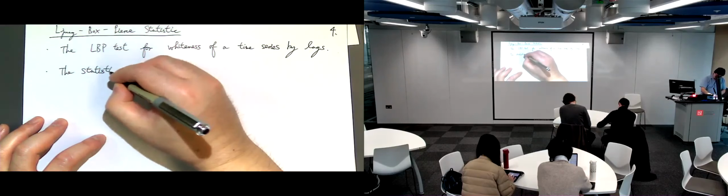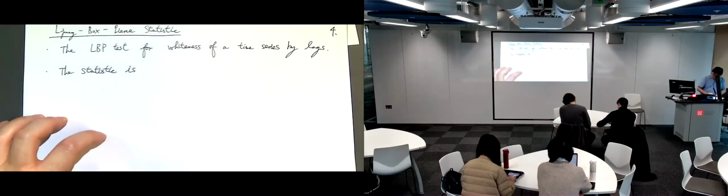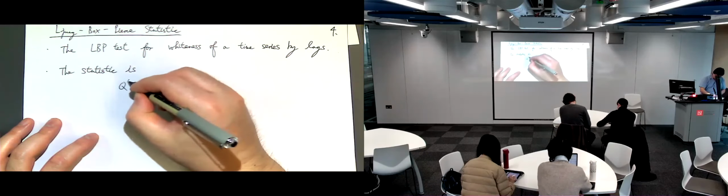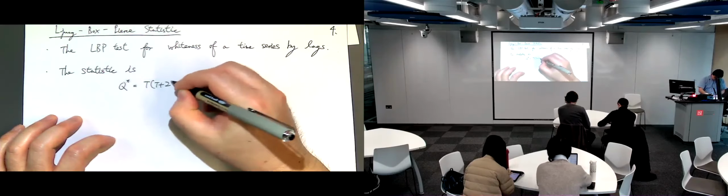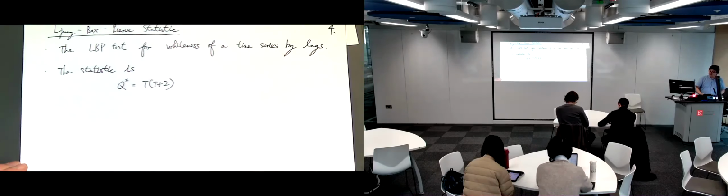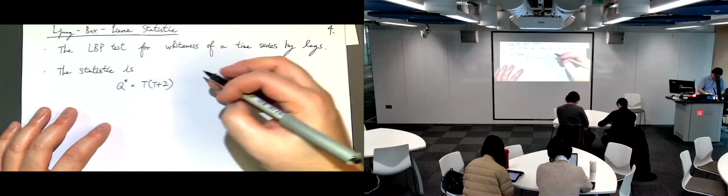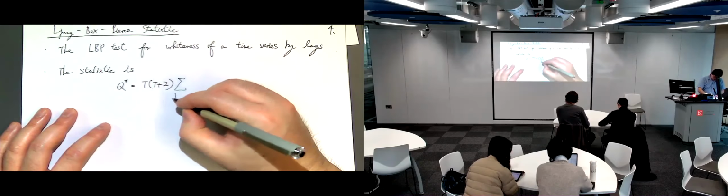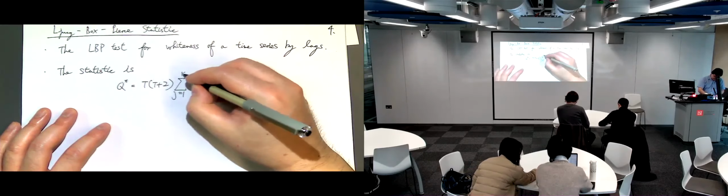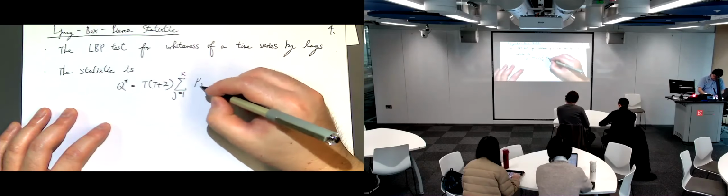So the statistic involved is this Q star. It is defined with some adjustments using the sample size, T times T plus 2. The main thing is you look at the fitted ACF, rho j hat.